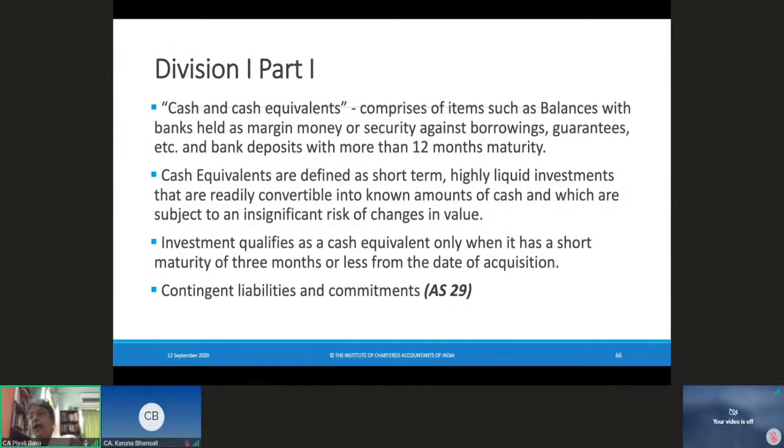Under current liabilities, trade payables, other current liabilities, current maturities of long-term debts, maturities of finance lease obligations and a whole lot of things. Interest accrued but not due on borrowings, and interest accrued and due on borrowings. These are the important things that we need to disclose, because interest is payable immediately, right?